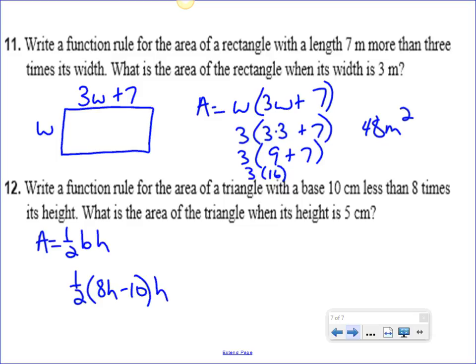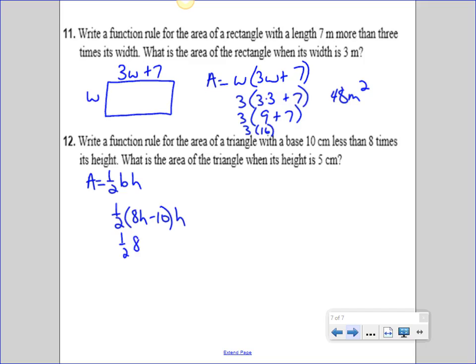The height is 5 centimeters, so if I plug in a 5, I'd have 8 times 5 minus 10 times another 5. Inside here I got 40 minus 10, which is 30.